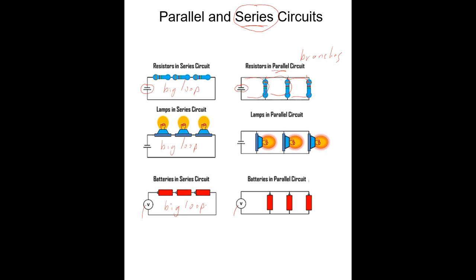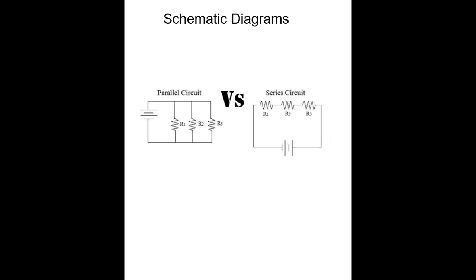So you should definitely be able to identify different kinds of circuits, whether they are parallel or series. And these are just the schematic diagrams. So this here, this would be our battery. This is our battery in both cases. So in these situations, we have one single battery that is providing the driving force for the electrons, or providing the current.